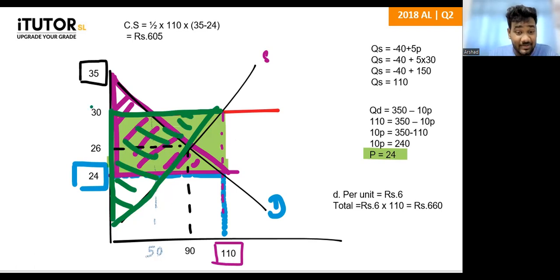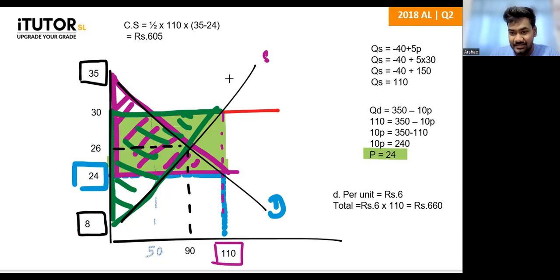To find producer surplus, do we have all the information? We don't. We need this minimum supply price. We need this price to find the height. How much is that? That is the price when quantity supplied equals 0. How much is that, guys? That is 8, right? That's 8. Okay. So then we can find producer surplus.